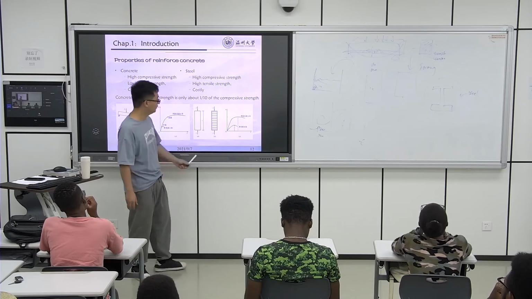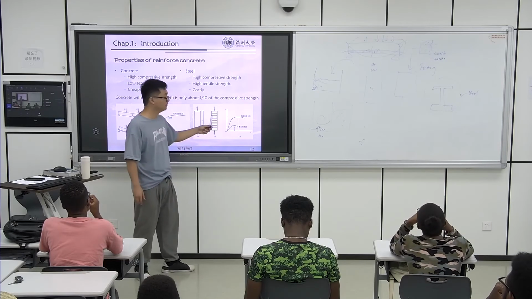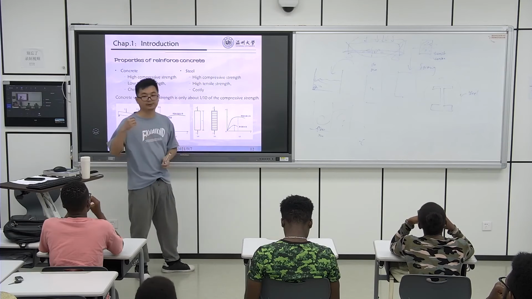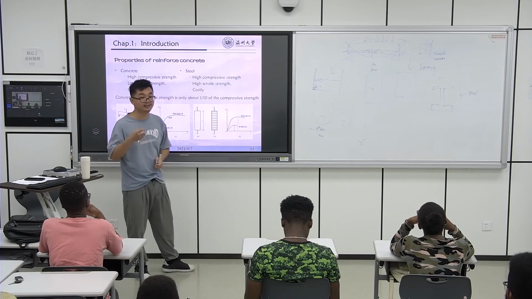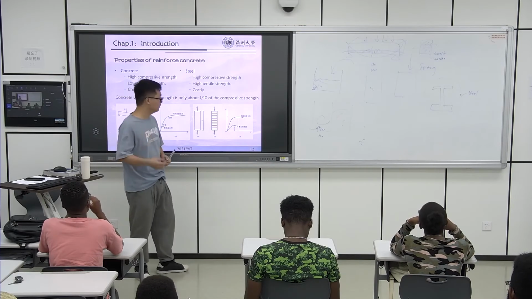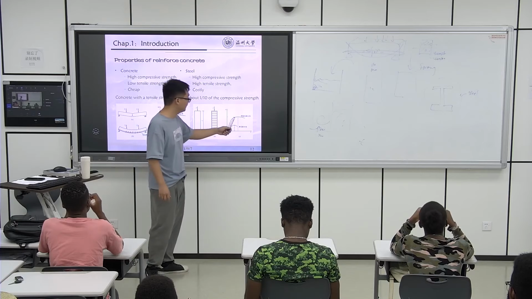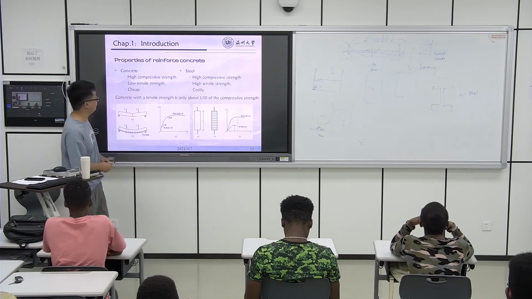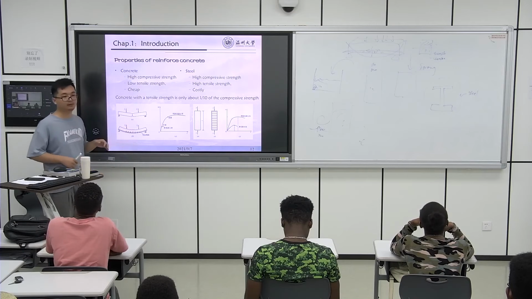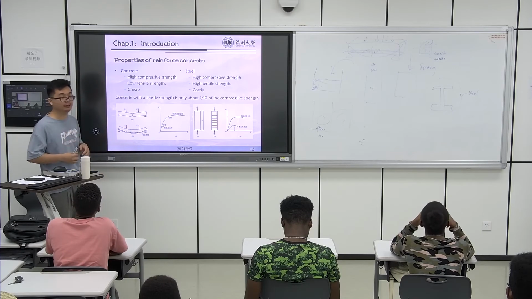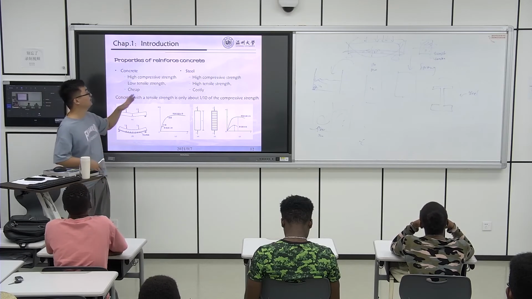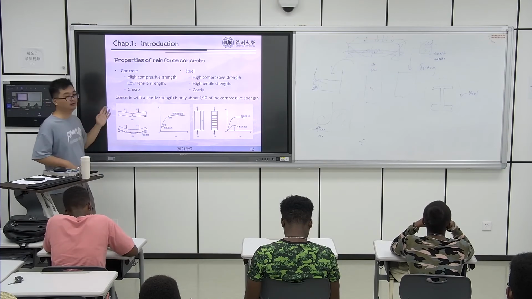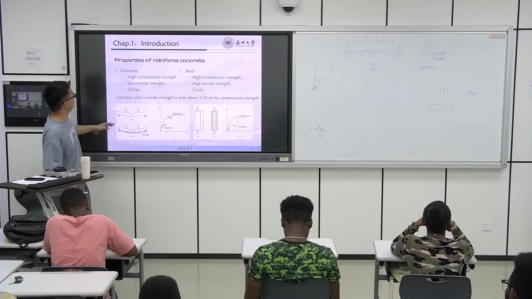Here we see that the steel bars have a good resistance. They have a good character. They can suffer a bigger load. Here we just roughly know the difference between the concrete and the reinforced concrete.